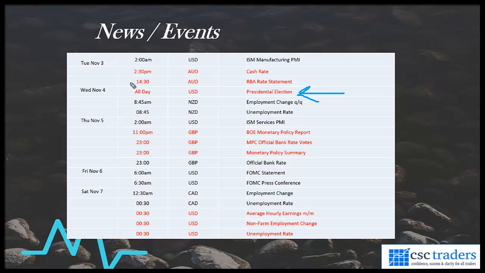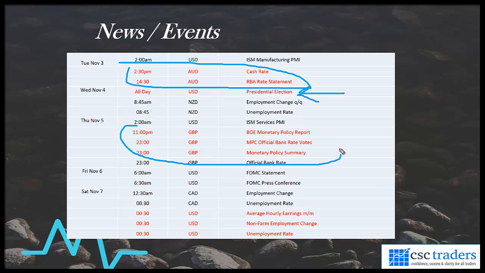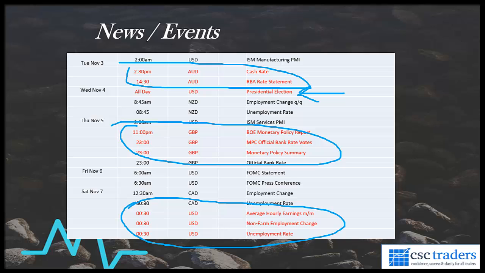We have our interest rates decision. RBA is on Tuesday afternoon. Okay, let's see what happens there, and the monetary policy statement that accompanies that. We also have the rates decision from the UK. All right, and then of course we also have non-farm payrolls, which happens on Friday night.